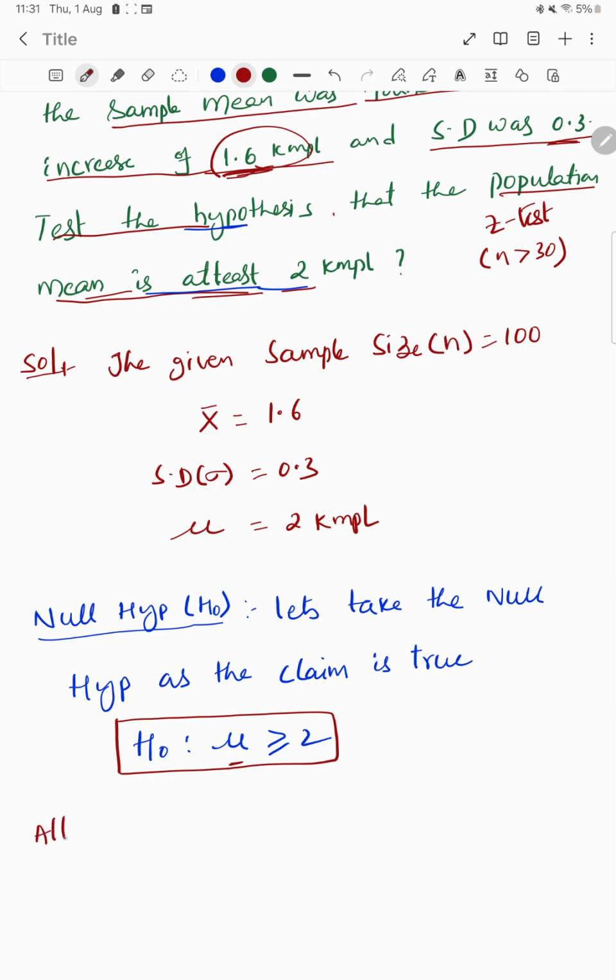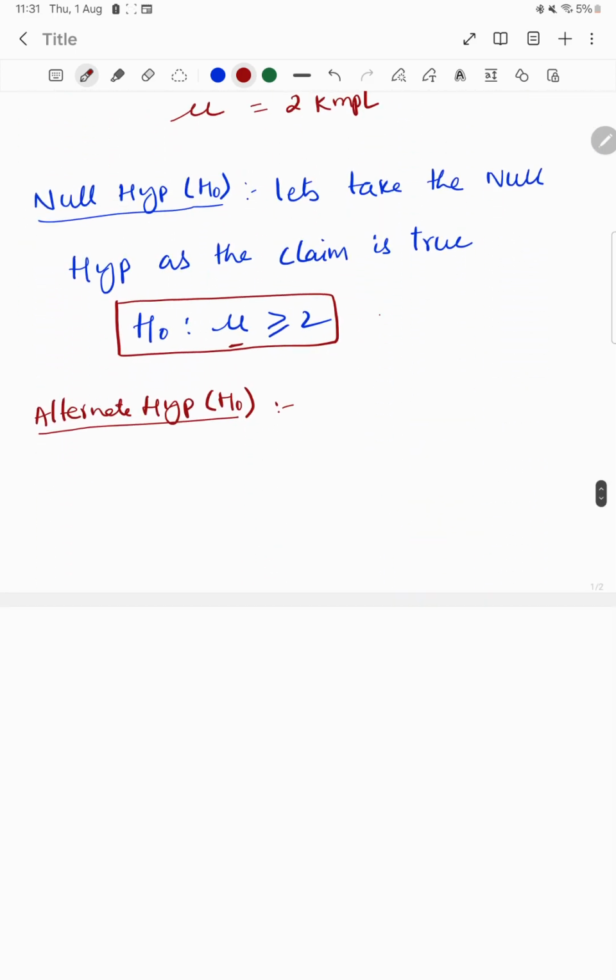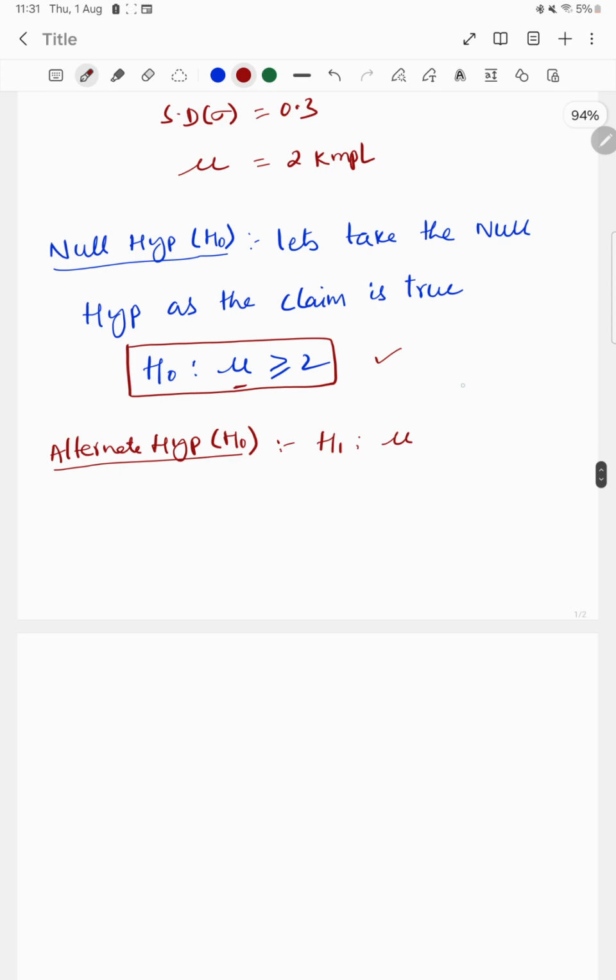Then the alternate hypothesis, H1, we will assume as opposite to H naught. So the opposite of mu greater than or equal to 2 means mu is less than 2, because in the null hypothesis we have taken mu equal to 2 or more.